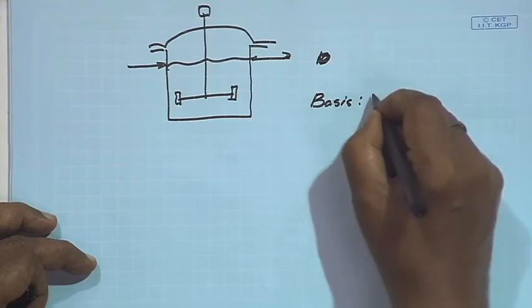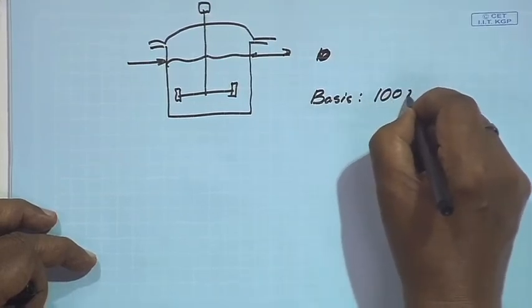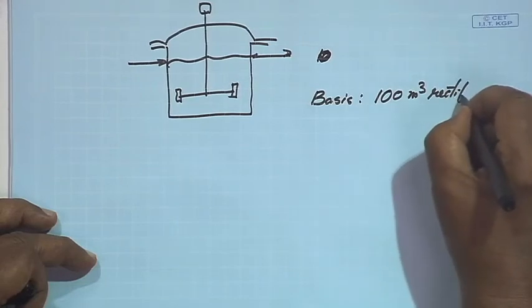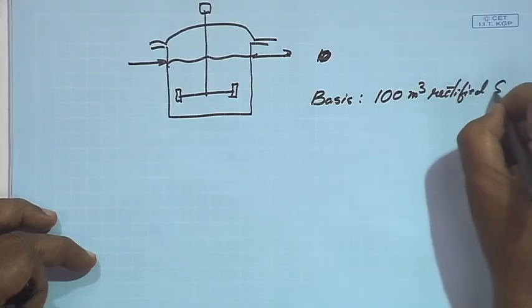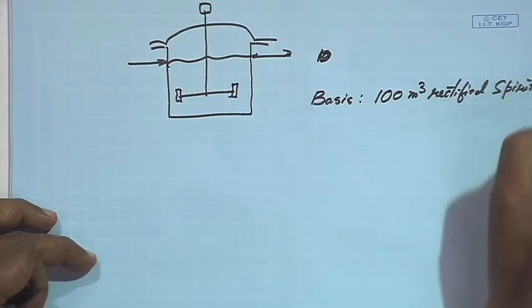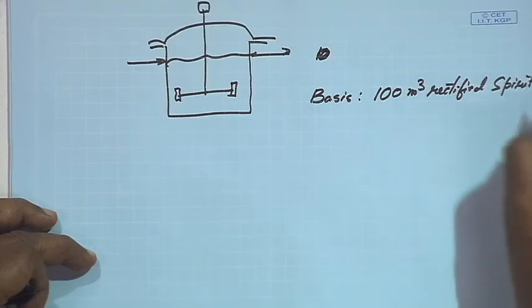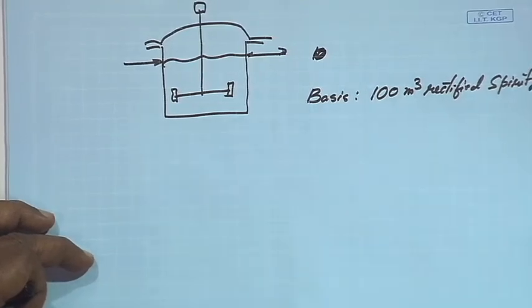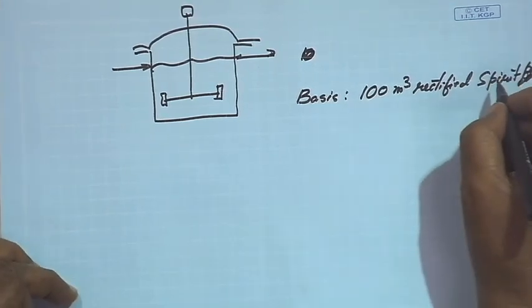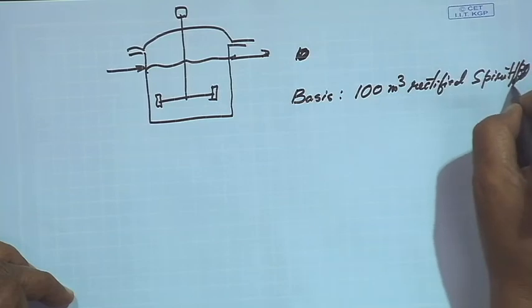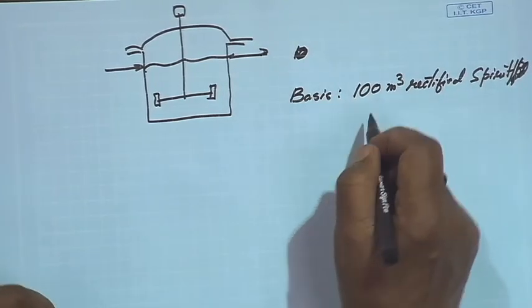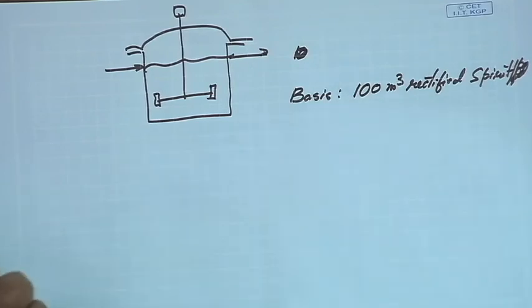The basis is 100 cubic meter of rectified spirit, and let us assume this is the production per day, which contains 90% by volume of ethanol.